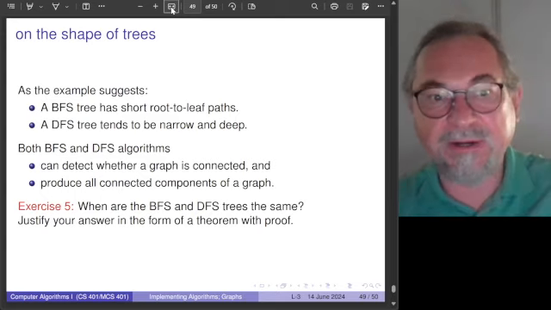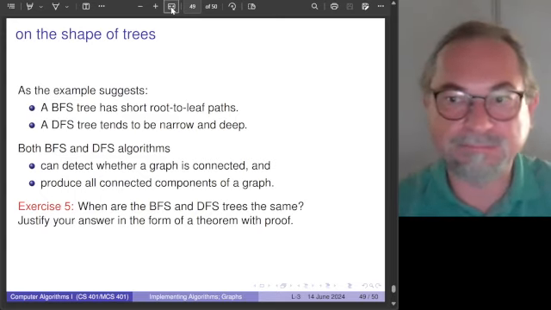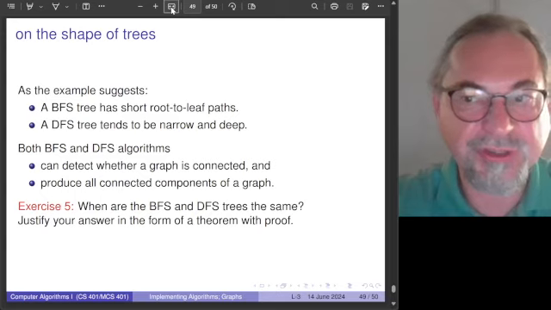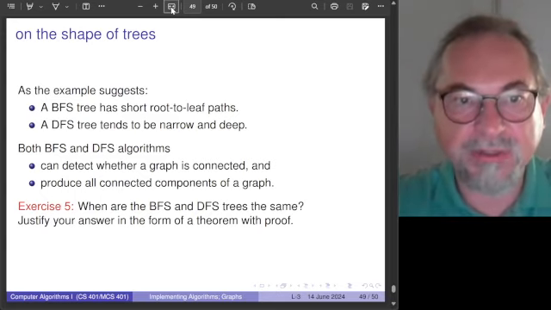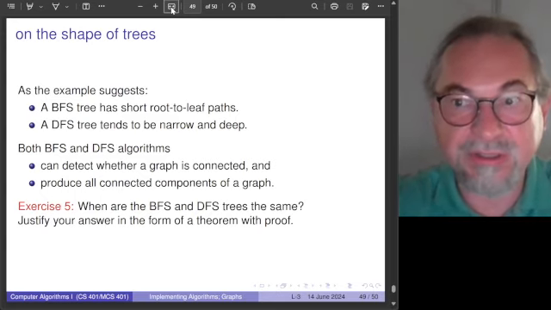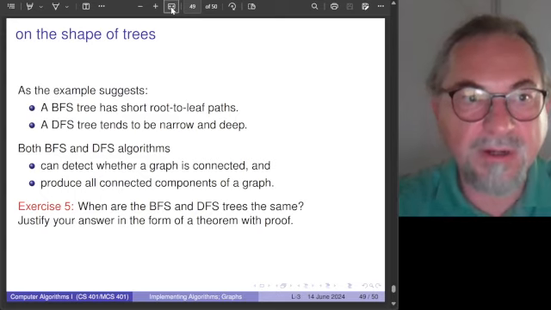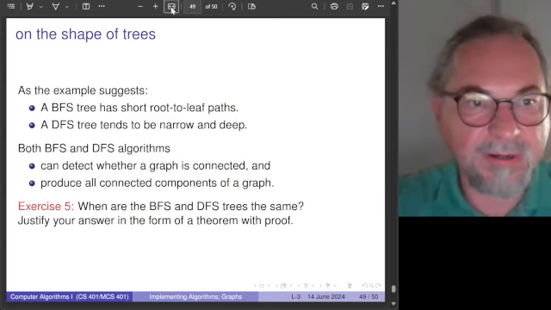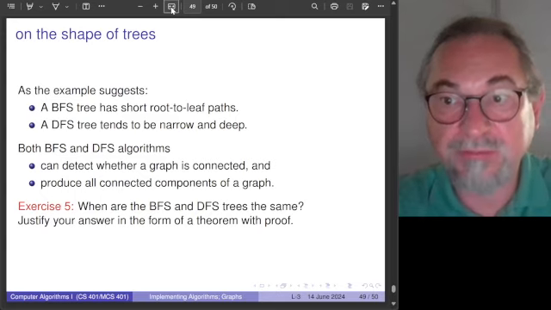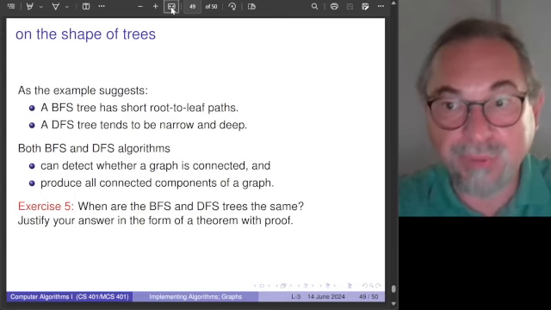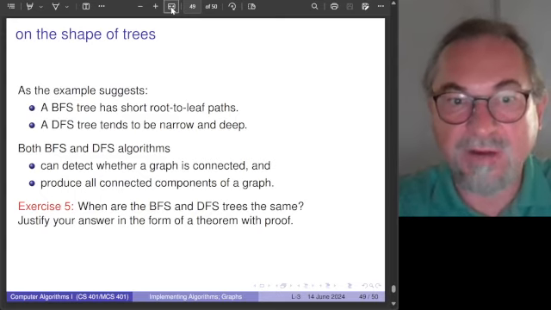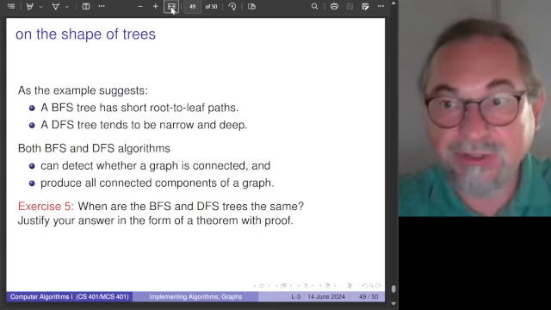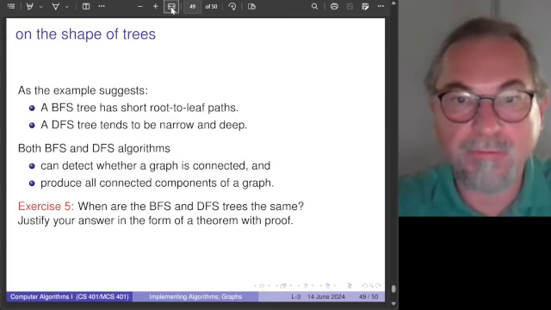But that tends to be very narrow, in the extreme case, just one branch. If you want short paths to leave, then actually the breadth first search tree is preferable. We may come back to that later. Both algorithms produce trees, and both can detect whether a graph is connected or not, and actually also produce all connected components.